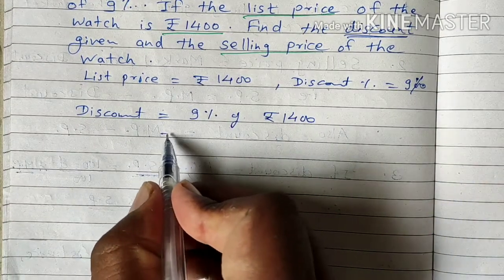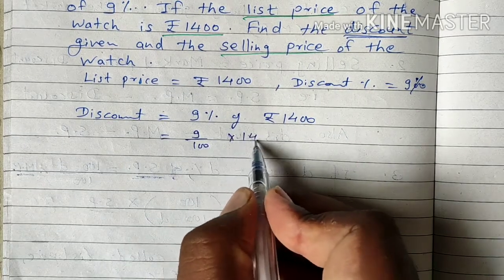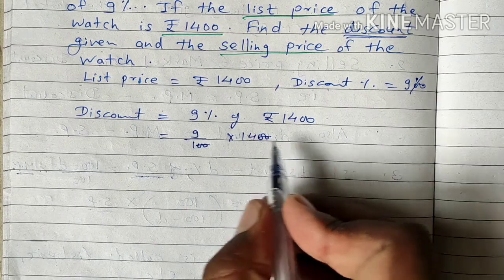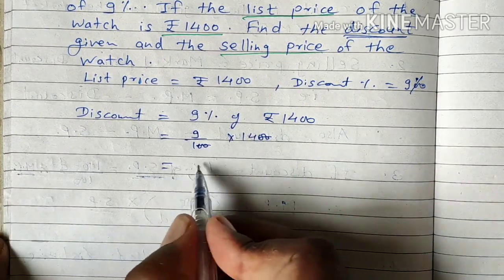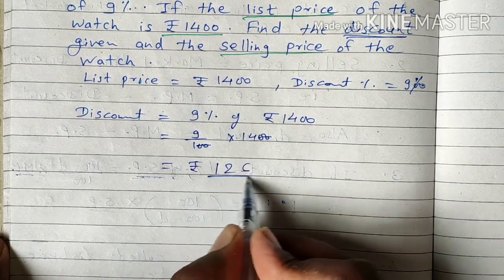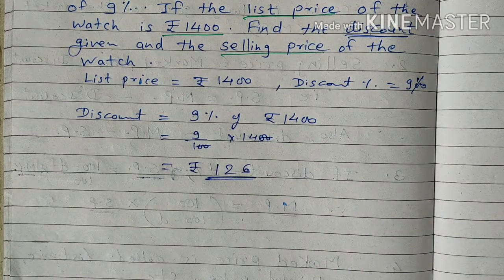We can write it as 9 upon 100 multiplied by 1400. The 0s will get cancelled. 9 multiplied by 14 is rupees 126. Rupees 126 is the discount.